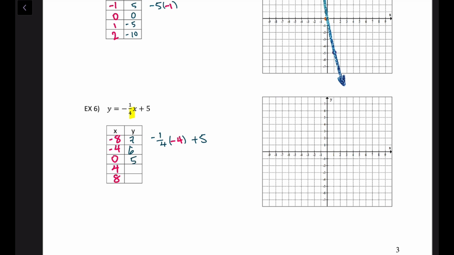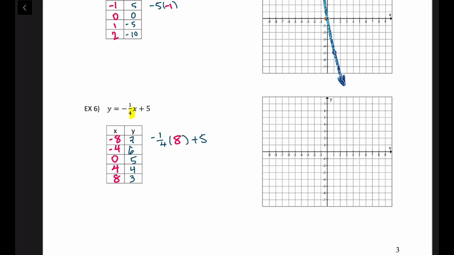When we plug in 4, we will get 4. And when we plug in 8, we will get 3. And now we can graph it.